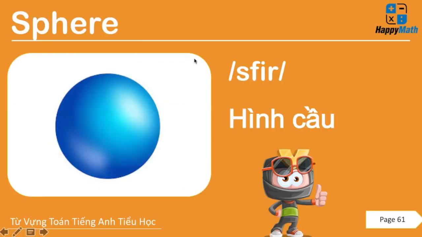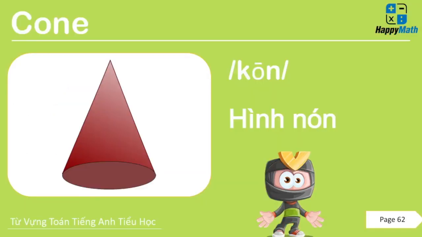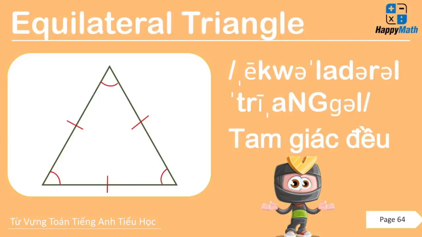Sphere. Like the earth. Cone. Equilateral triangle. The triangle has the three sides equal to each other.